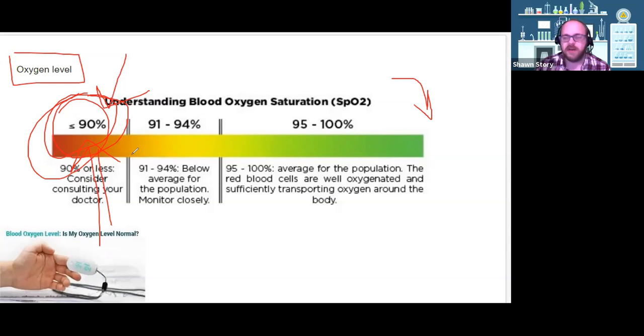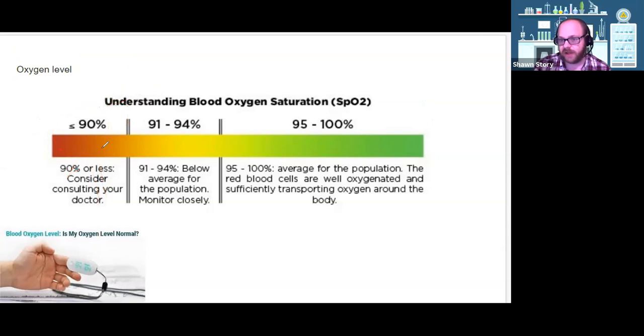If they were coughing and couldn't get oxygen into their blood system, and it got below 90, it was come to the ER immediately, because we need to put you on a ventilator. We need to get more oxygen into your system. This was one of the largest problems they were looking for, telling people to monitor not just their temperature, but their oxygen level at home.